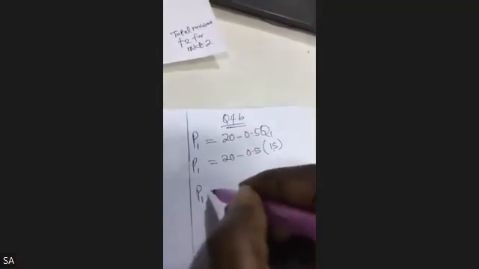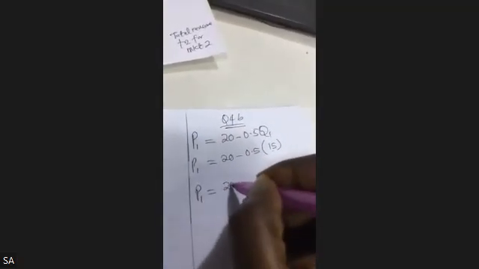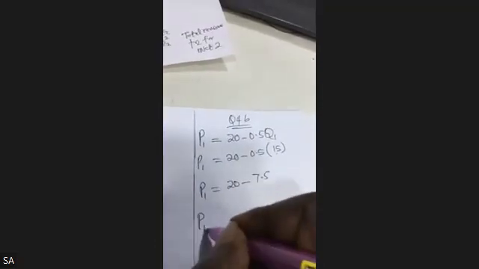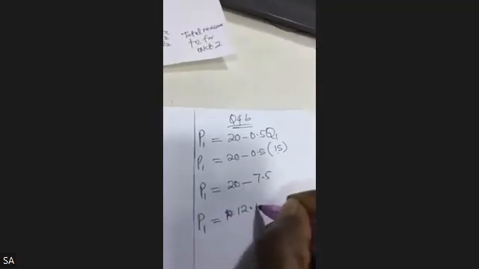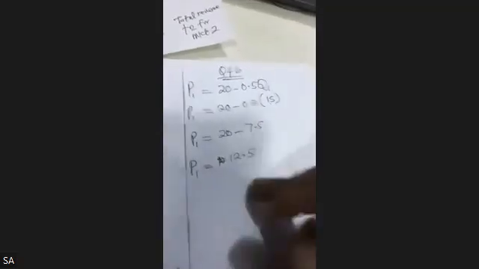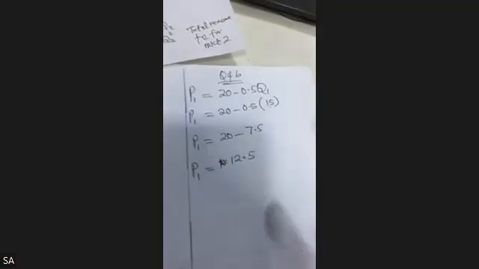So P1 equals 20 minus 15 multiplied by 0.5, which is 7.5. So P1 equals 12.5. That means this monopolist charges 12.5 naira, 12 naira 50 kobo, in market one.